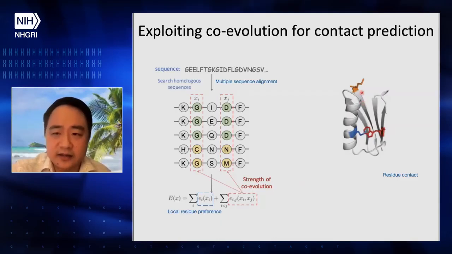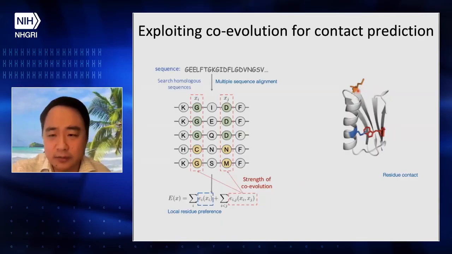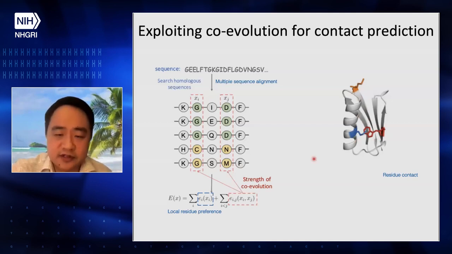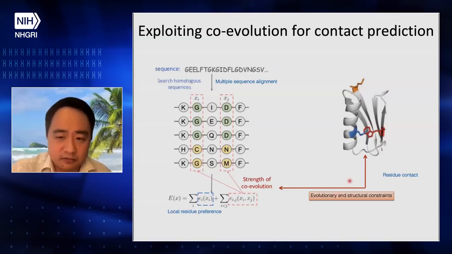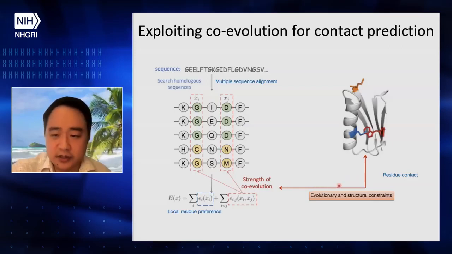On the other hand, the remote one, for example the orange one, is far from them. So the choice of the orange one usually has nothing to do with the choice of those two. So this is the basic concept. Essentially, we have this assumption that evolution and structure constraints should be similar to each other in terms of these residue interactions.